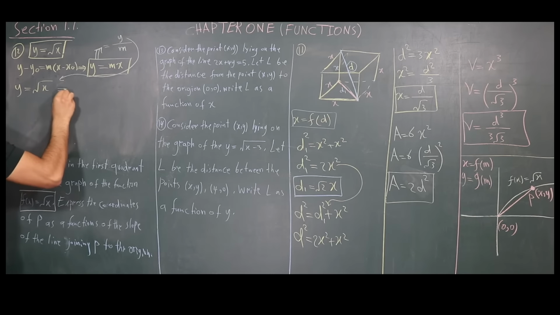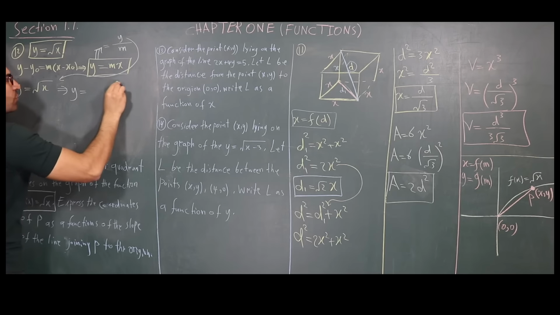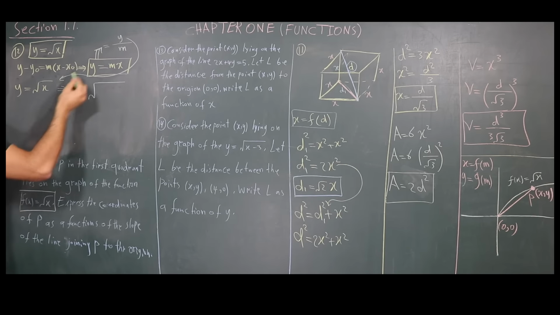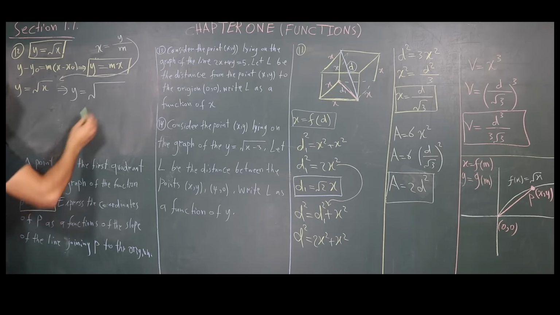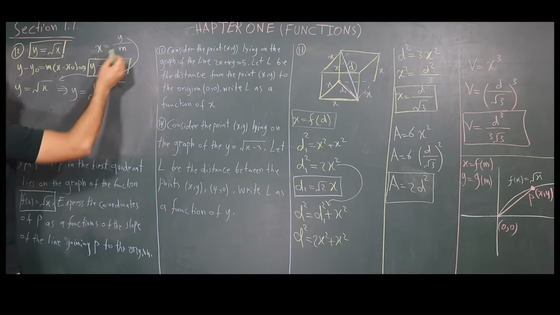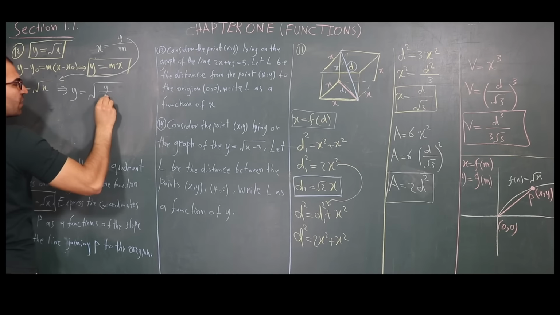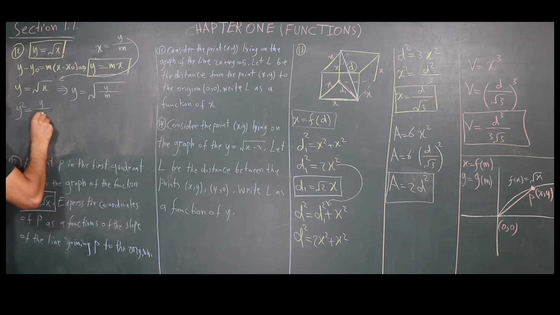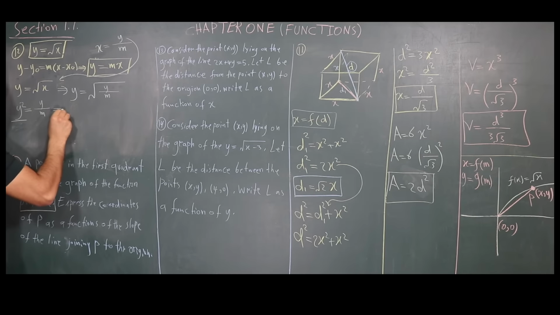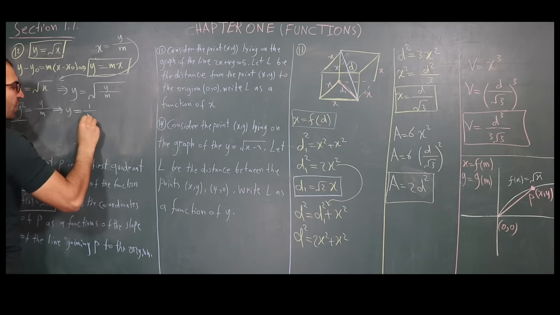The result will be y equals the square root of, instead of x, y divided by m. I think we can just square both sides, and the result will be very clear. We find y squared equals y over m, and by dividing by y, the result will be y equals 1 divided by m.